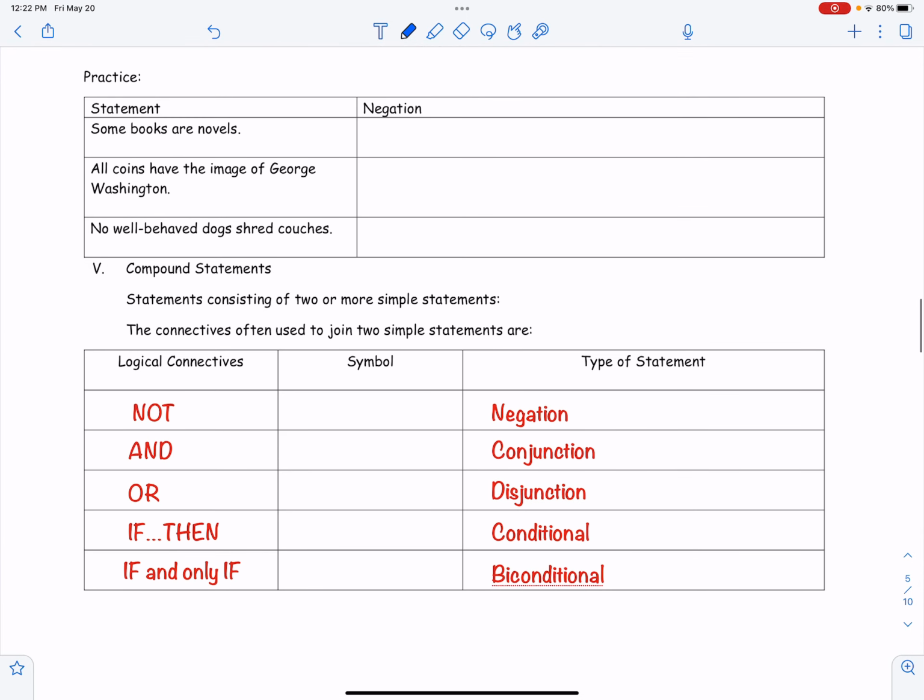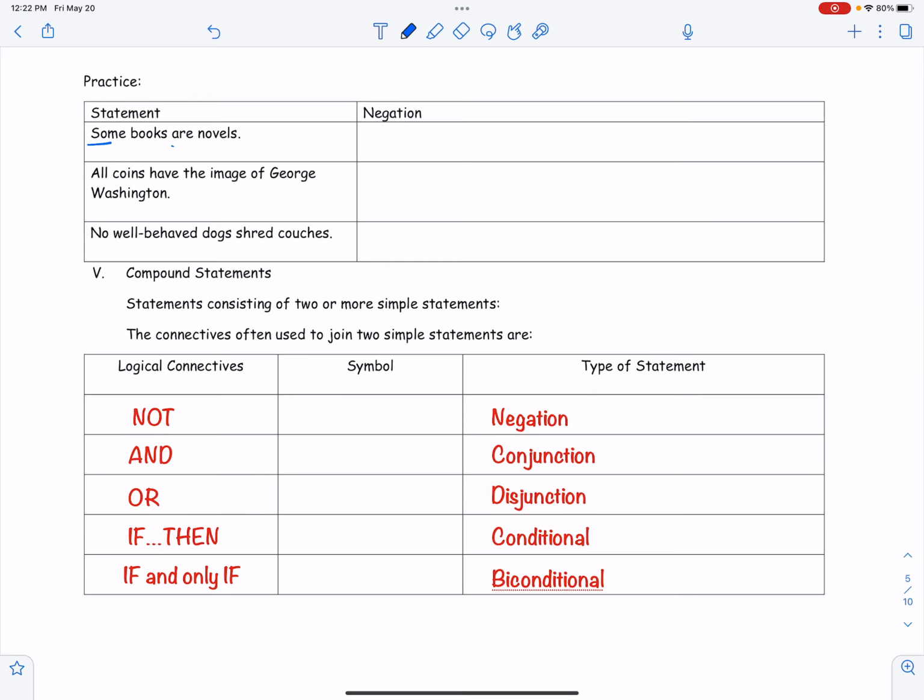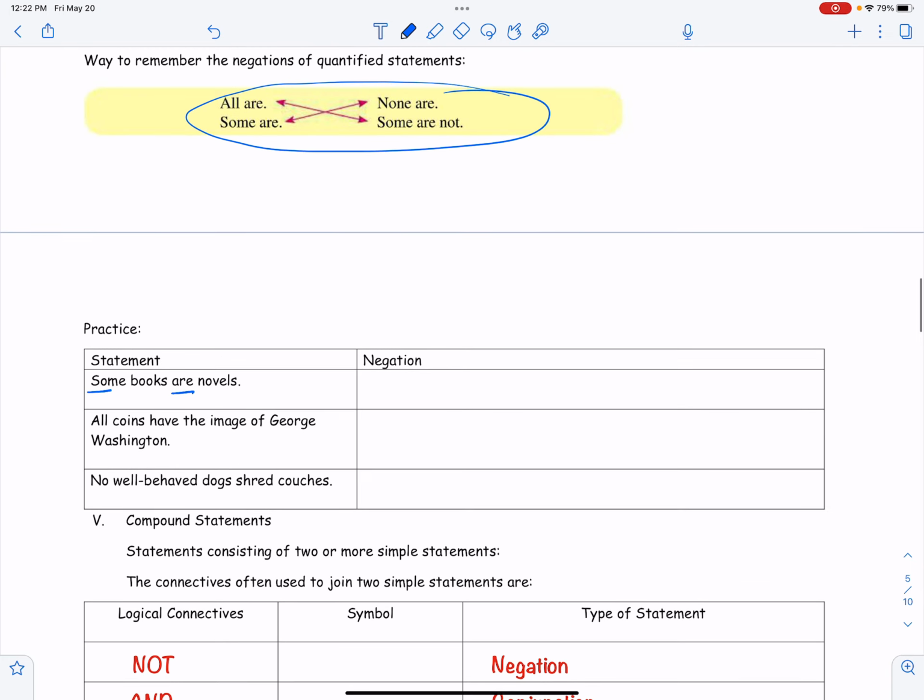Okay, so let's look at a couple of examples here, and let's see that it does indeed change the truth value when we write the negation. In this case, I've got a statement that says some books are novels. I'm going to come back up here just to make sure I pick the right thing. Some are, the negation would be that none or no books are.